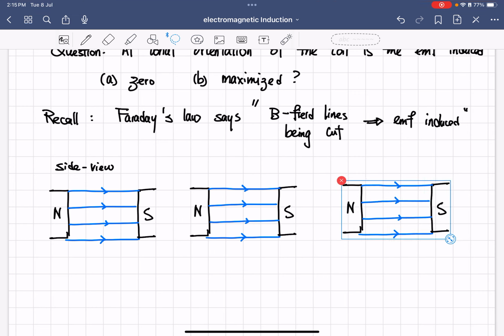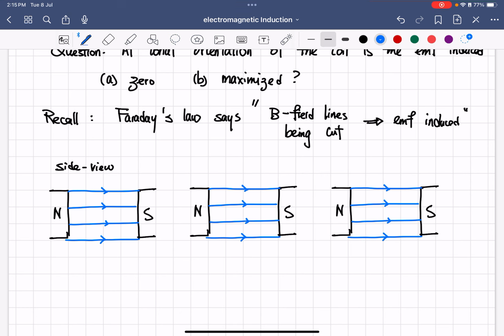Now I want to look at a cross section of the coil. Let's say a coil like this. When the coil is flat, it looks like this. Then the coil is turned around, say by 45 degrees, and at another instant, the coil is vertical.